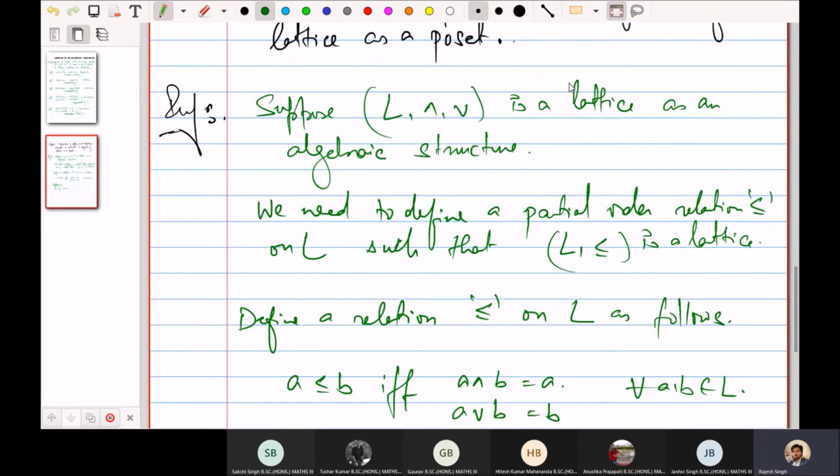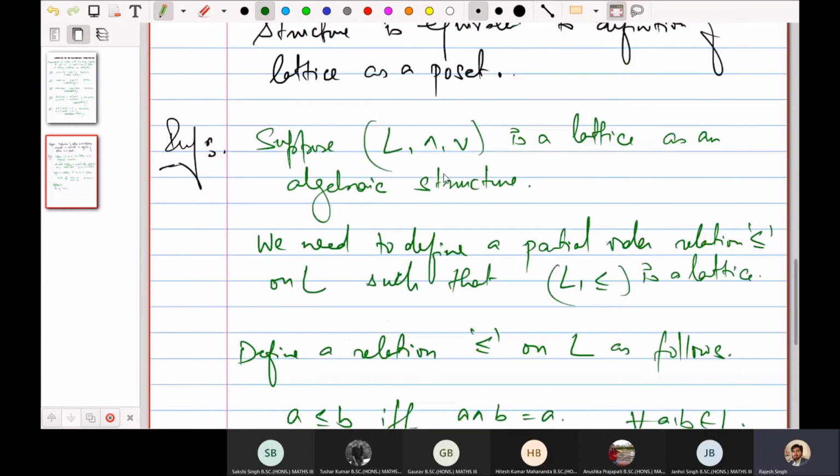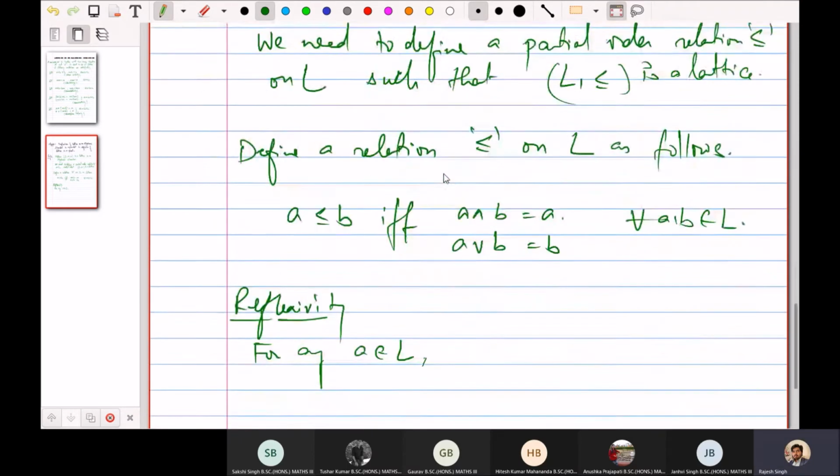We are given that it is a lattice as an algebra. So उसका यूज करना होगा. How?